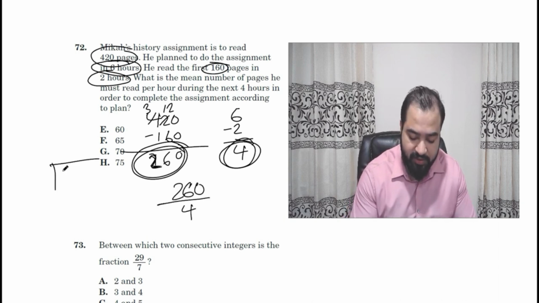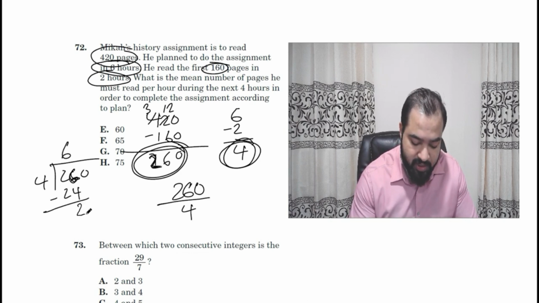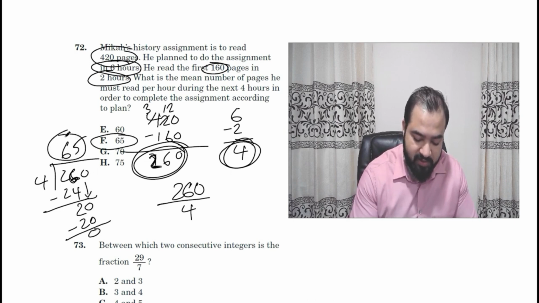Now let's do the division. 4 goes into 26 6 times. If you subtract, you get a 2, and the 0 comes down, and 4 goes into 20 5 times, you get a 0. So 65 is the answer.